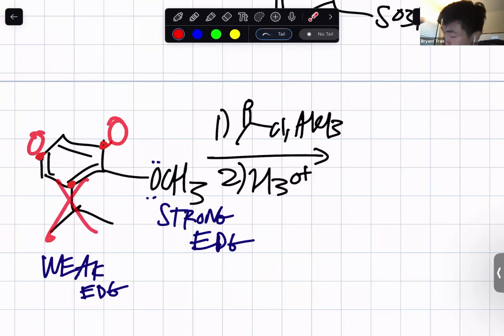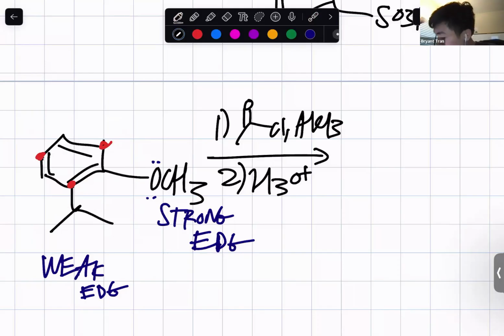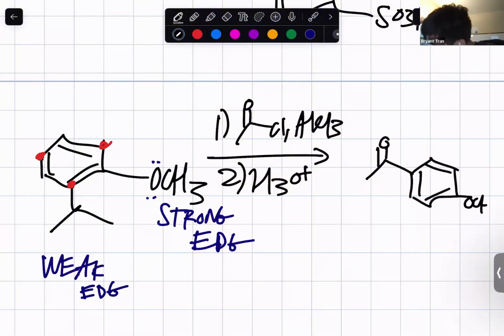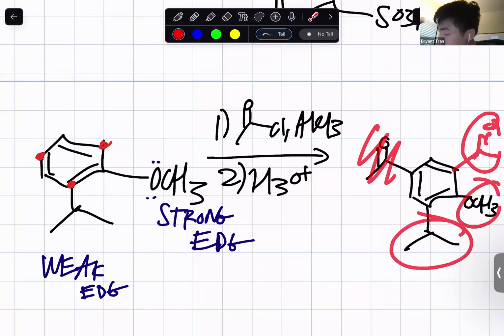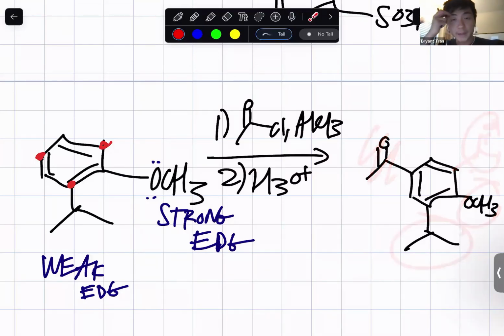This one is already taken. The major product would have the acyl group attached para to that directing group, and the minor product would have it here. It's especially minor because there are 3 groups adjacent to each other, causing steric hindrance.